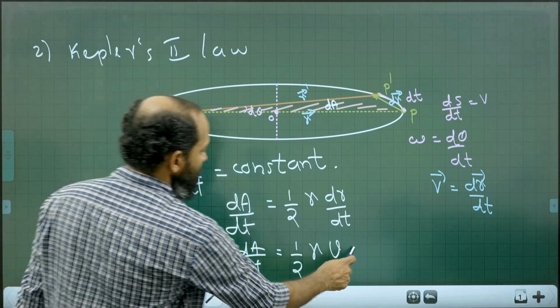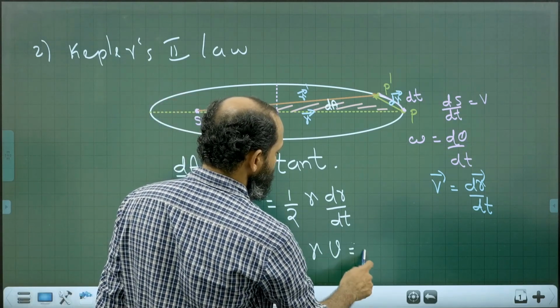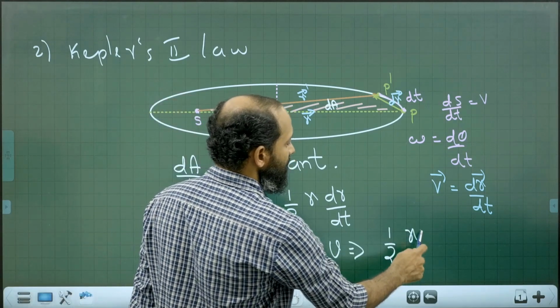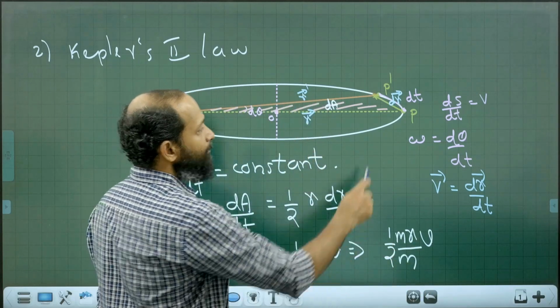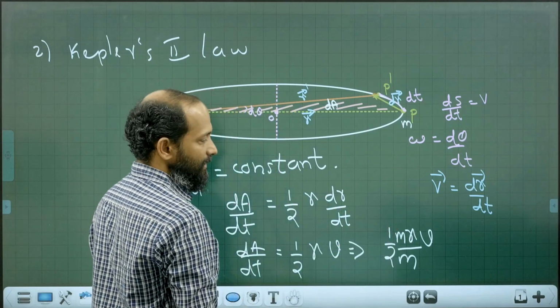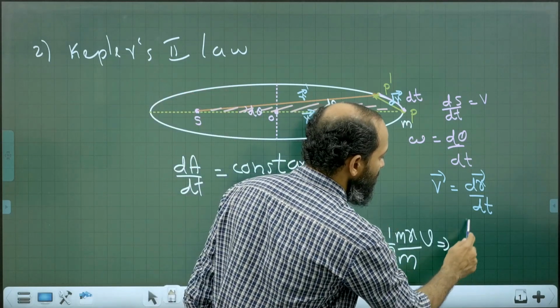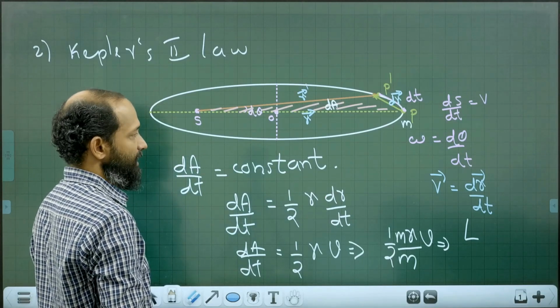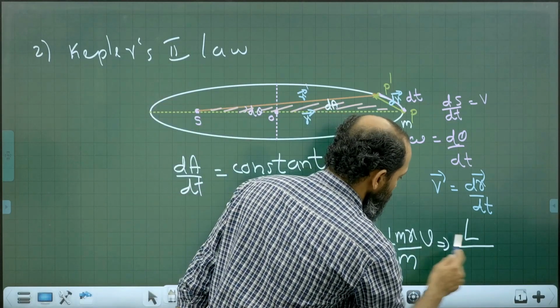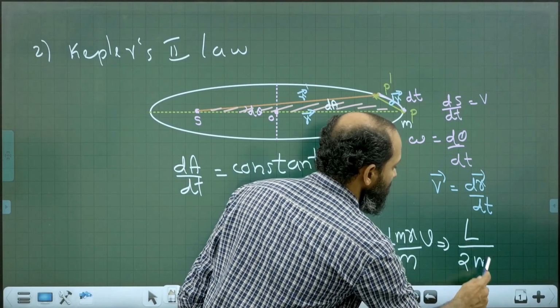So this is equal to half rv, which can be multiplied and divided by m, where m is the mass of the planet. mvr happens to be the angular momentum of the planet around the Sun, with respect to the Sun reference. So dA by dt is L divided by 2m.